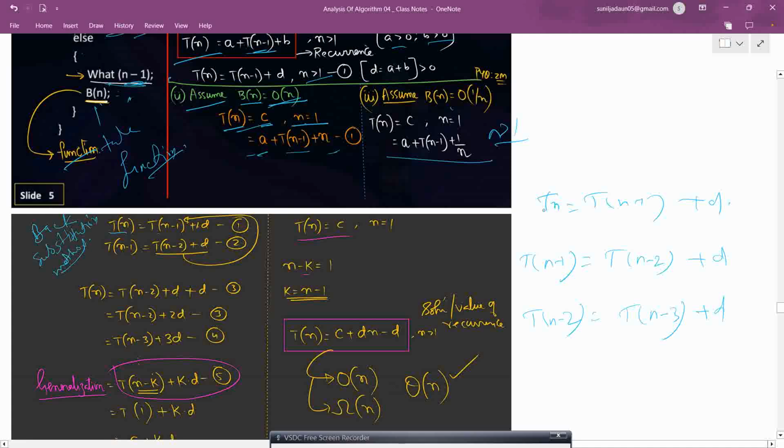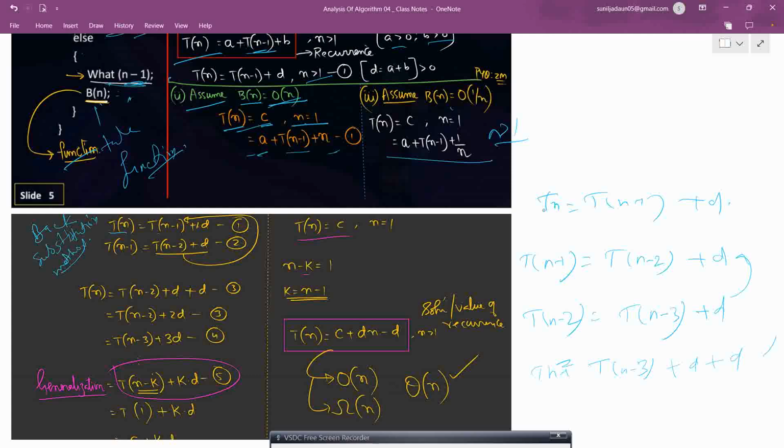If we substitute this equation in this, T(n minus 1) will become T(n minus 3) plus D plus D.